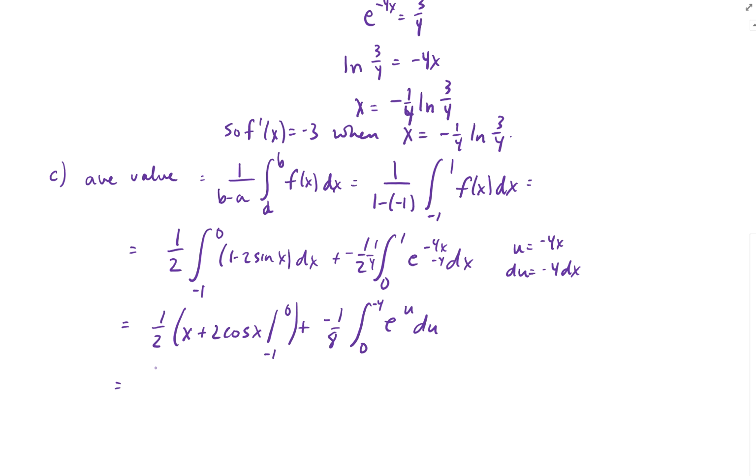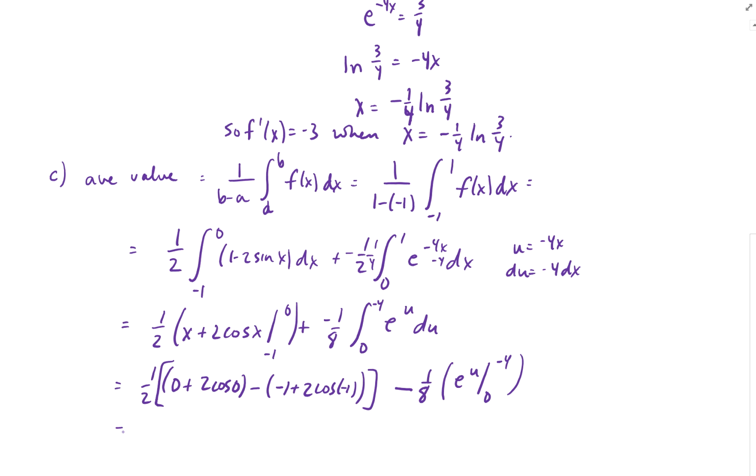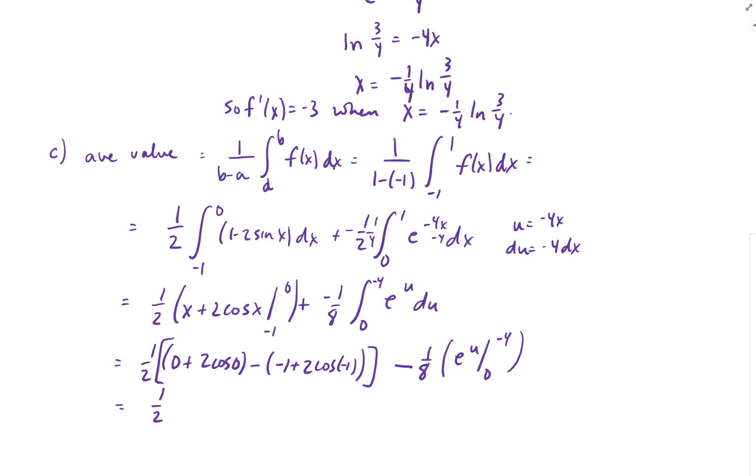So then this becomes 1/2. If I plug in 0 in here, I get 0 plus 2 cosine of 0 minus, add my parentheses, plug in negative 1 plus 2 cosine of negative 1, minus 1/8, and this is e to the u from 0 to negative 4. So this becomes 1/2.